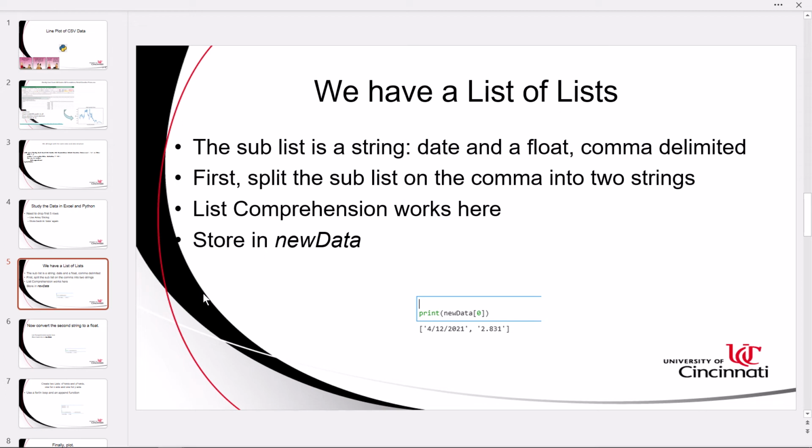And if I print it out, as you can see on slide 5, it's got quotes around it. If I print the first row, the first element in that list of lists, it's two strings inside of a list. Now, I'd like to do math, probably, on that gasoline price, that second value in that list of lists.